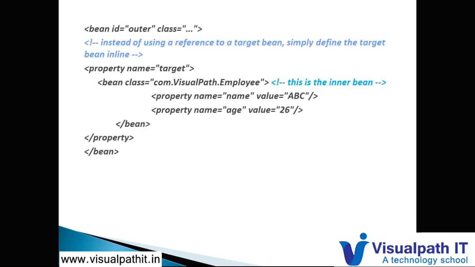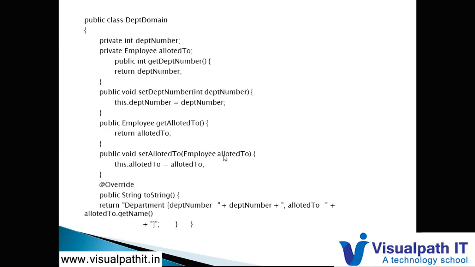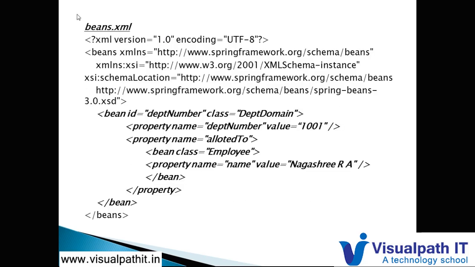That is what is being done here. Instead of using a reference to the target bean, simply define the target bean inline here. Next comes how we define all these within the beans.xml.